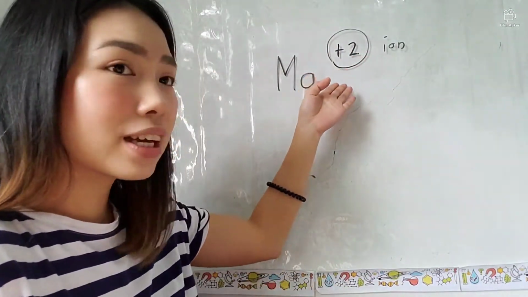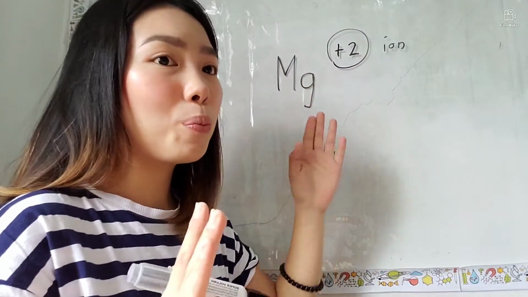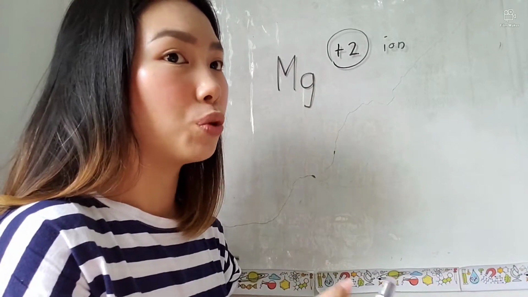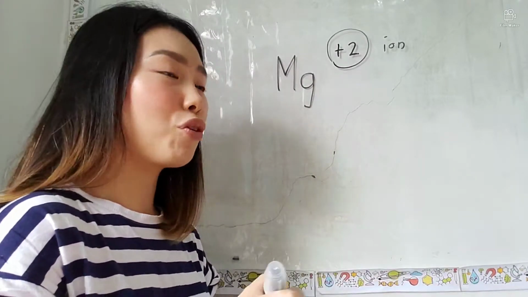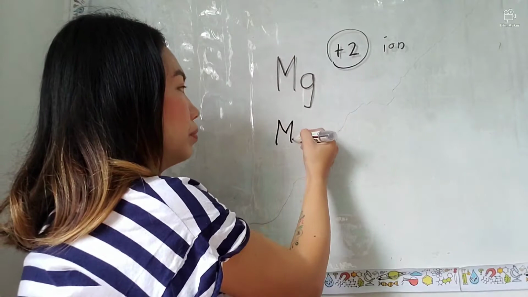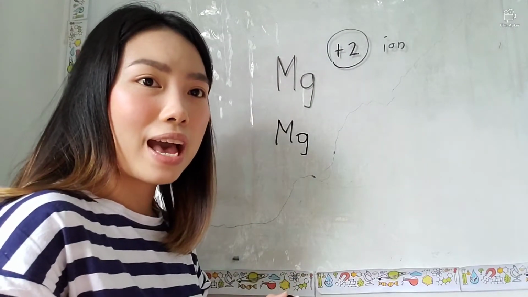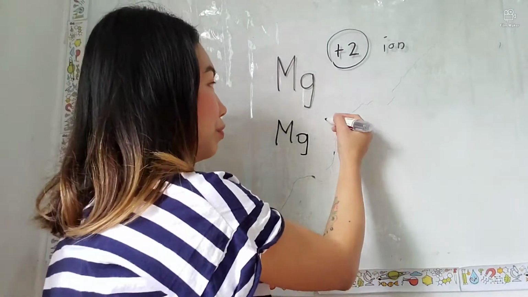Ngayon, kung may present na ganito yung ating element, yung number of proton natin and number of electron natin will not be the same. Now, for example, magnesium has atomic number of 12.